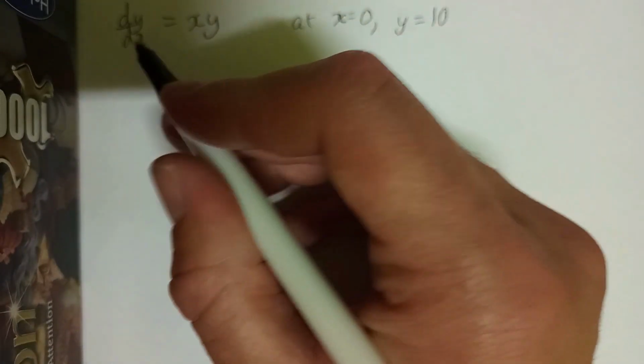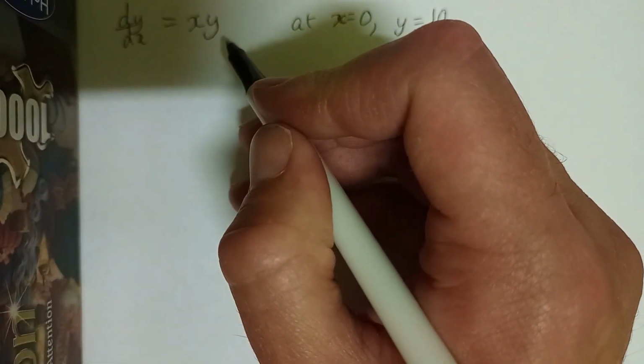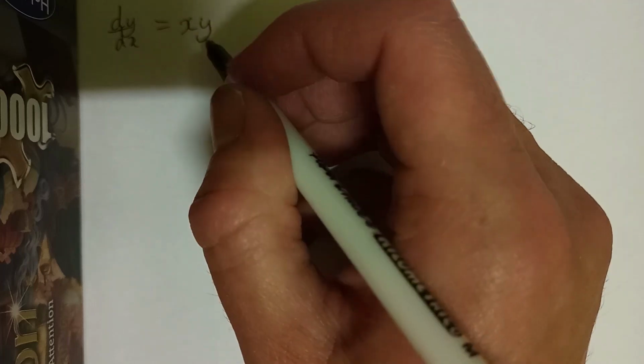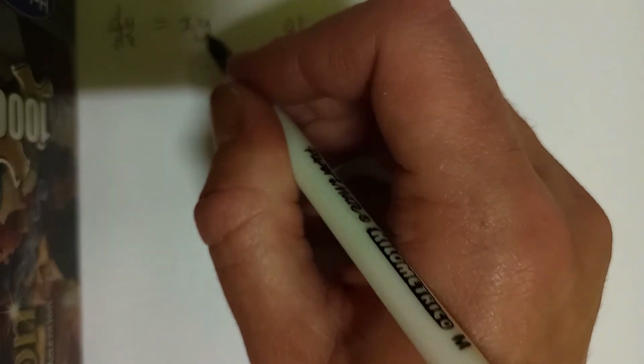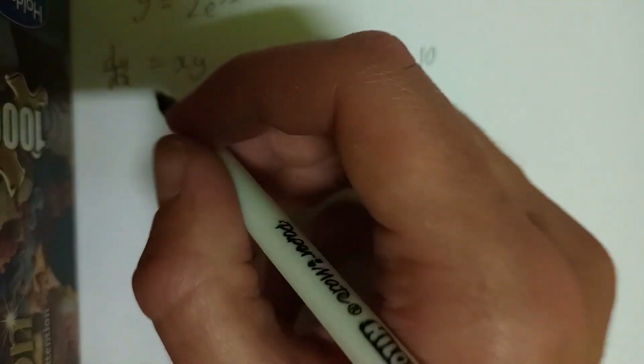So to solve, first we have to solve the differential equation. So you'll see this is a separable first order differential equation. So like before, we should divide through by the function of y, which is just y itself.